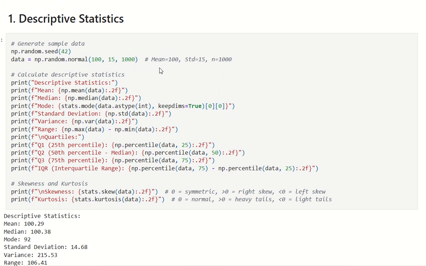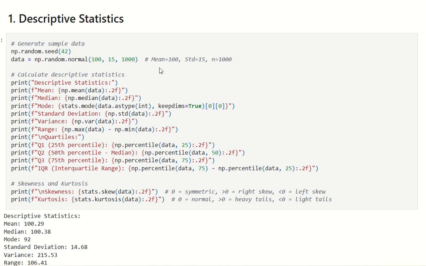Descriptive statistics are the foundation. I summarize variables with mean, median, and mode to capture central tendency. I always state why I choose one over the other. The mean is efficient but sensitive to outliers. The median is robust for skewed distributions. Mode is useful for categorical features. I look at spread using standard deviation and variance.